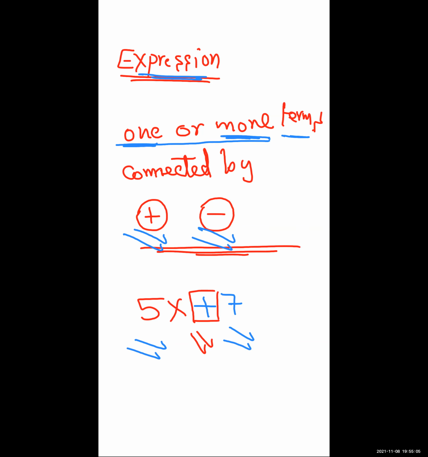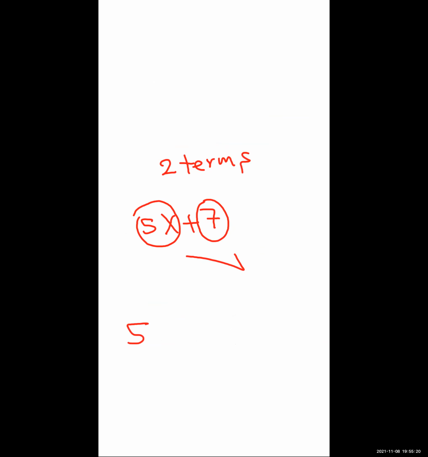So if it's 5x like this, or 5x plus 7, its expression consists of how many terms? One term. So this one is two terms, right? If it's like that, 5y plus 3x minus 9. So it's an algebraic expression.